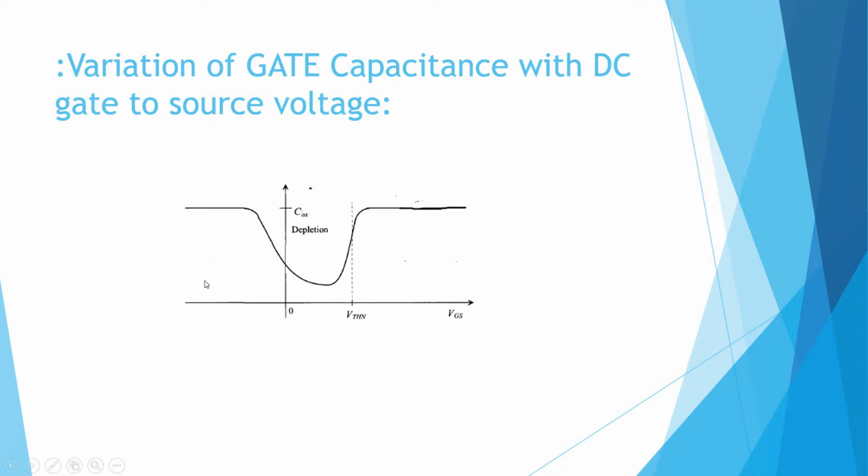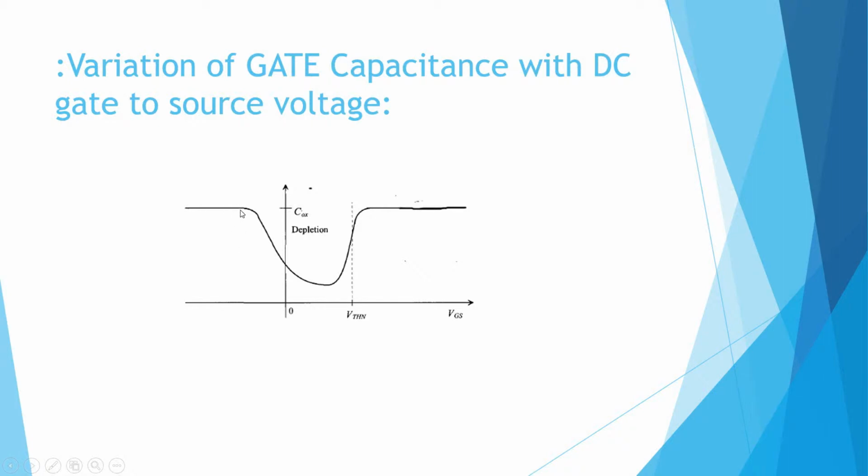The gate electrode or the metal layer of the gate, then the insulator, then the positively charged holes accumulated just below the insulator, will form one capacitor. As holes accumulate just below the SiO2 layer, they form the capacitor, so this region where the capacitor is formed is also called the accumulation region.